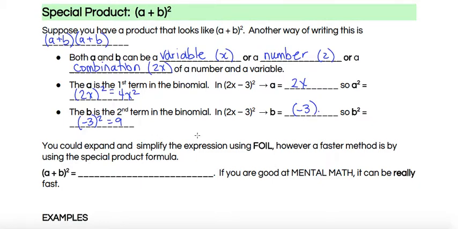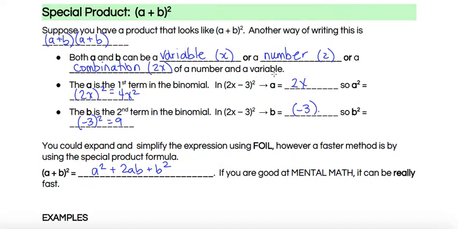However, if you're really good at memorizing formulas, a faster method is by using the special product formula. So (a plus b) squared is the same as a squared plus 2ab plus b squared. If you're really good at mental math, it can be really fast to use this formula.